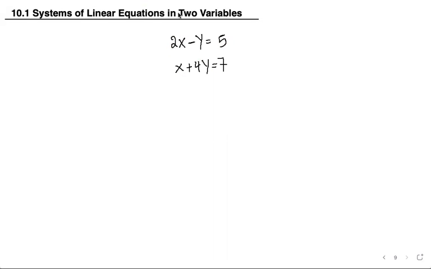Why? Because the linear equation, like I said, is of the form y equal ax plus b. A is the slope and b is the y-intercept.